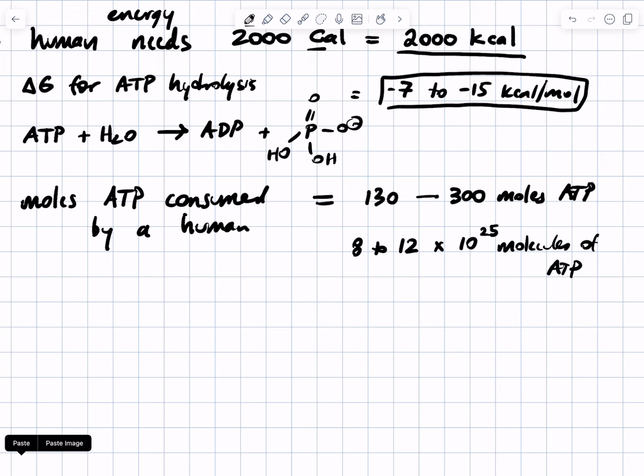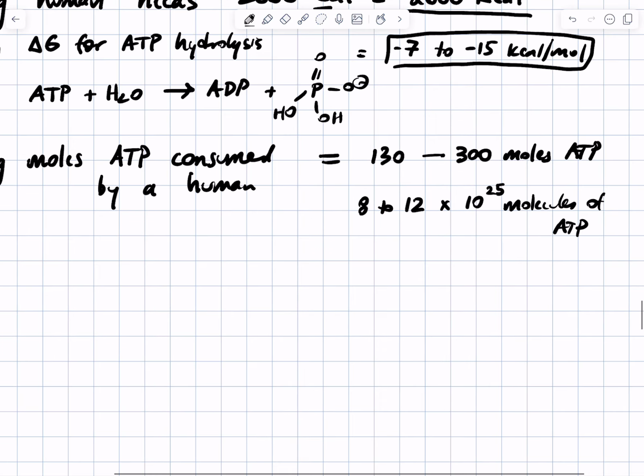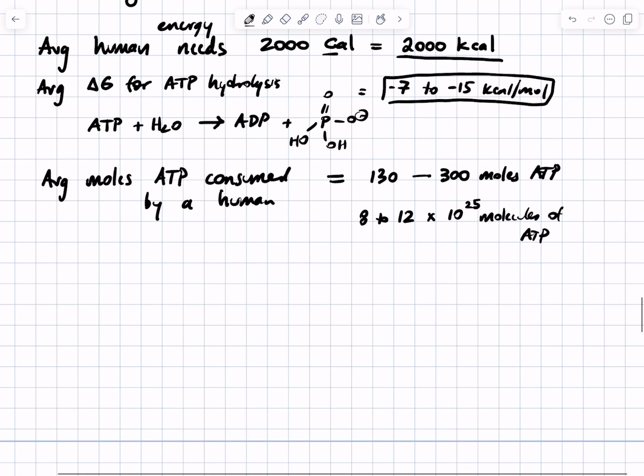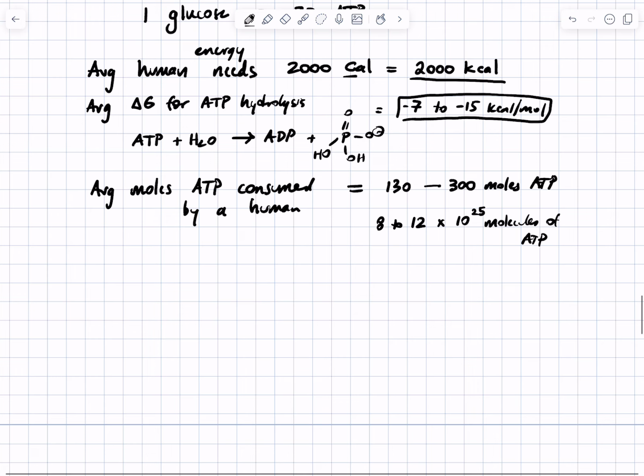Okay. We've got more mind blowing to do here, because not only is that an astronomical amount of ATP, it's actually in vast excess to how much ATP you have in you. So to calculate this, we can ask how much ATP is in the average human.